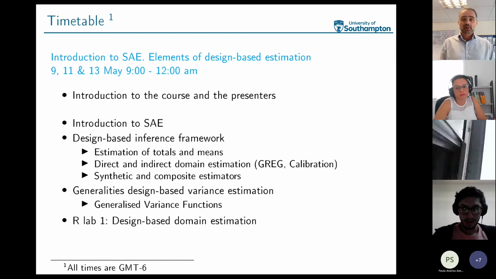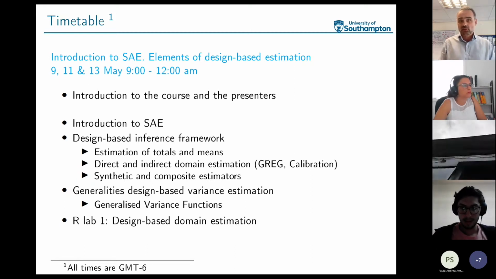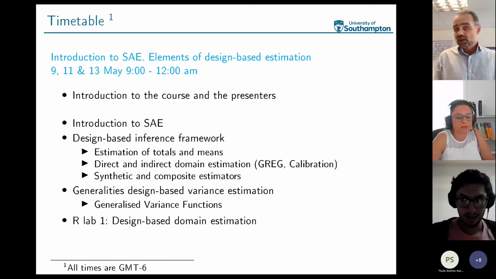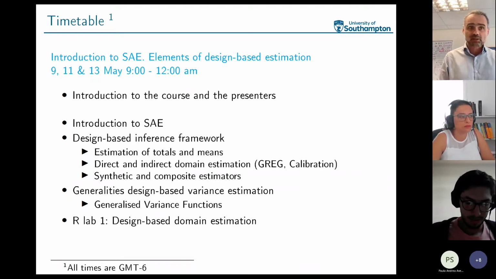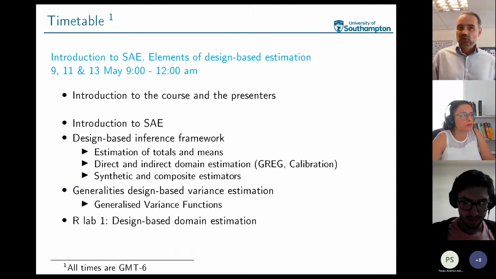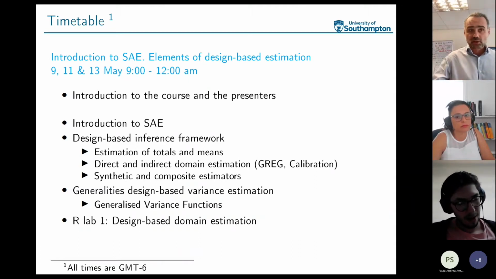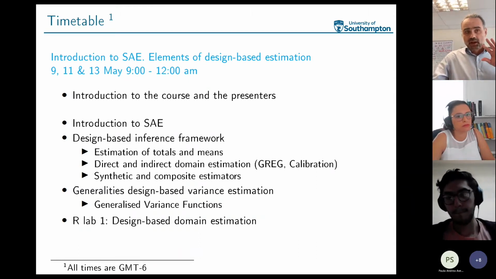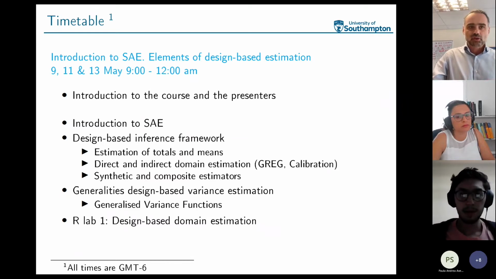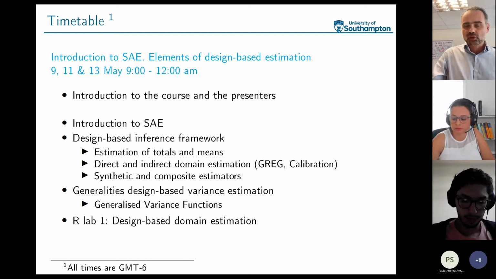And Angela has prepared notes on these methods, and it will include ideas around GREG, generalized regression estimators, and calibration estimators. And then she will also talk about synthetic and composite estimators, which are really important for moving on to the model-based methods later on, because you will see that model-based estimators effectively become like composite estimators with particular weights that we will apply there.